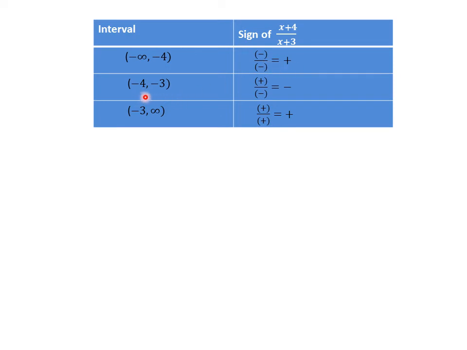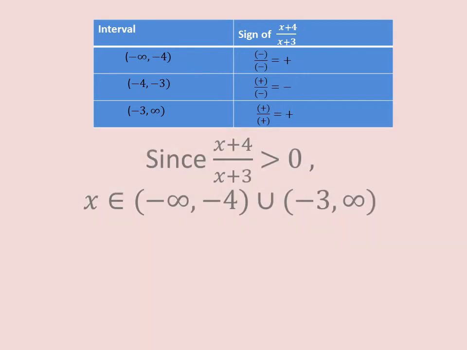Next interval, minus 4 to minus 3. In between these two values, you can take minus 3.5. Here it is positive and here it is negative, so positive divided by negative means it is negative. Then minus 3 to infinity. Here we can take 0. If you take 0 it means 4 by 3, that is positive divided by positive, which is positive.